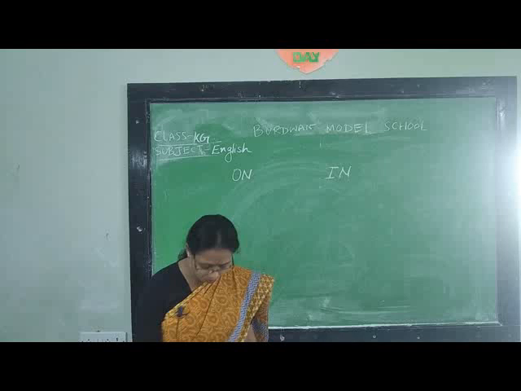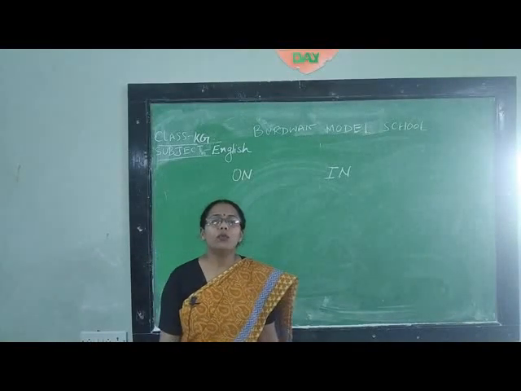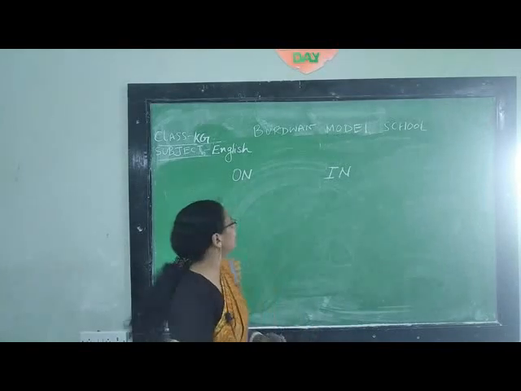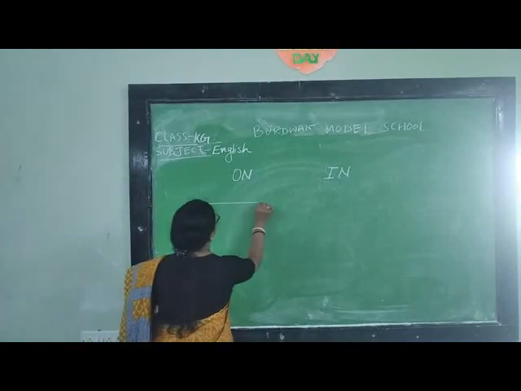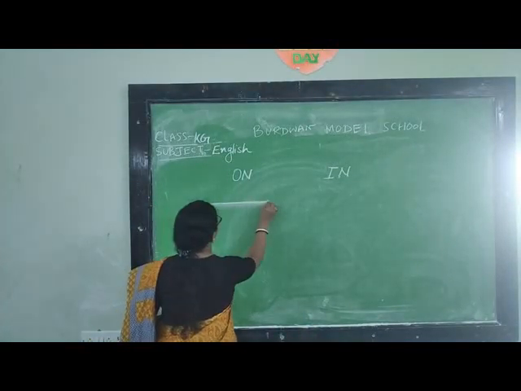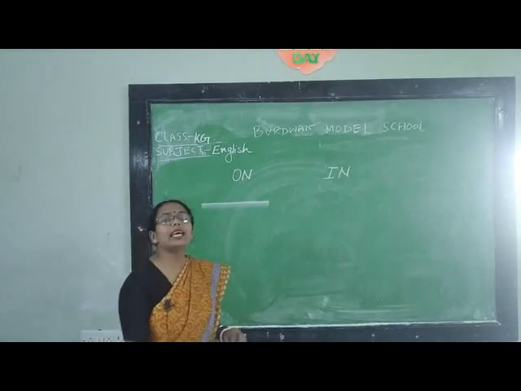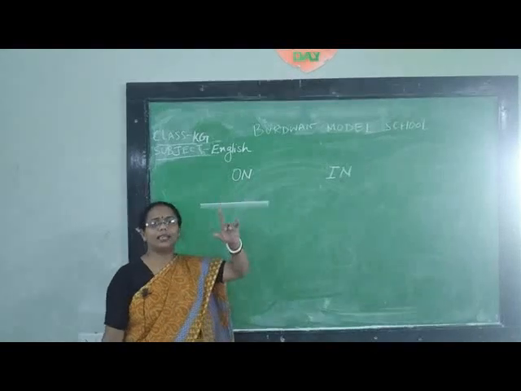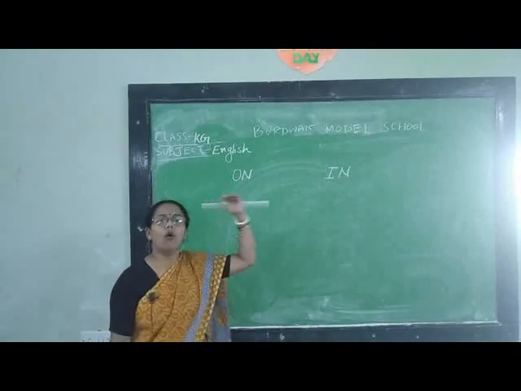We are going to use on where we are using a surface. If there is a plain surface like this, and anything has been kept on this surface, we say it is kept on.